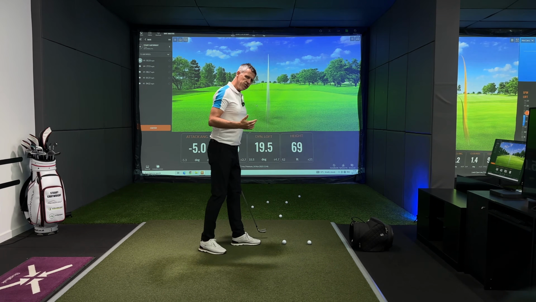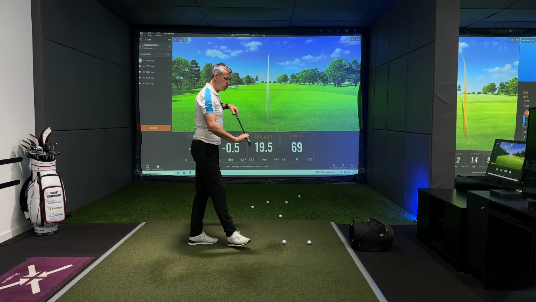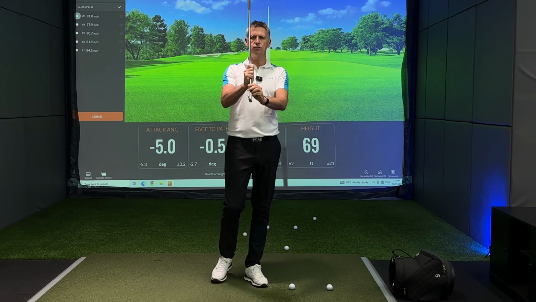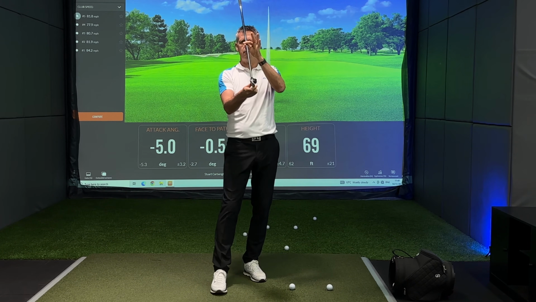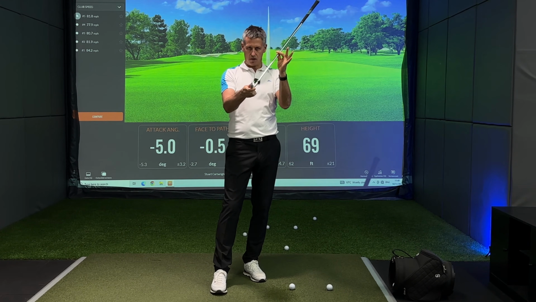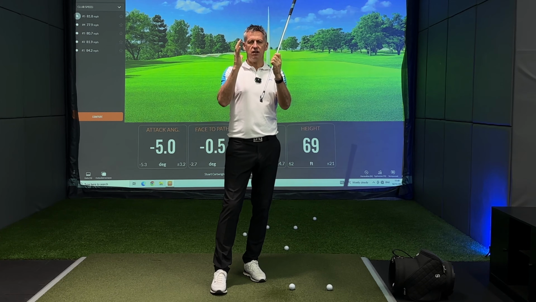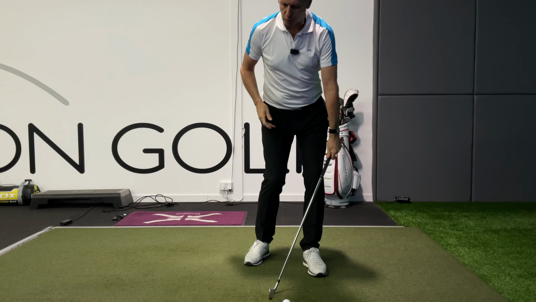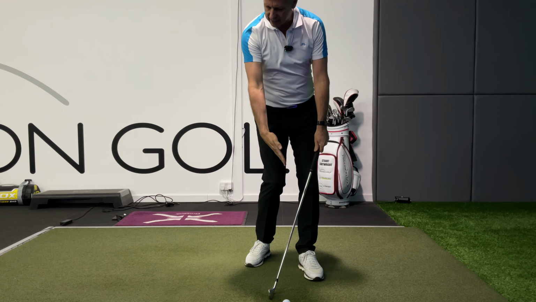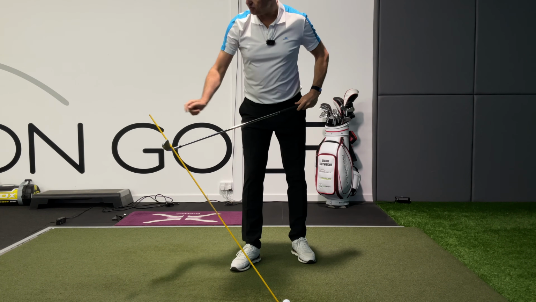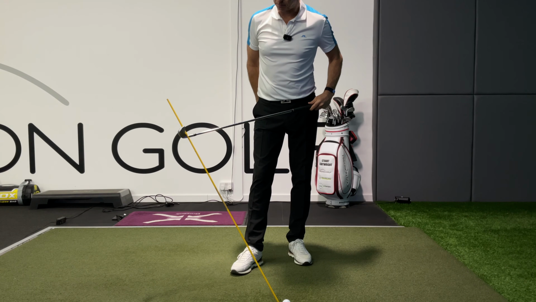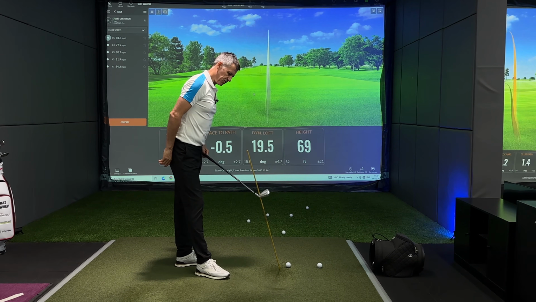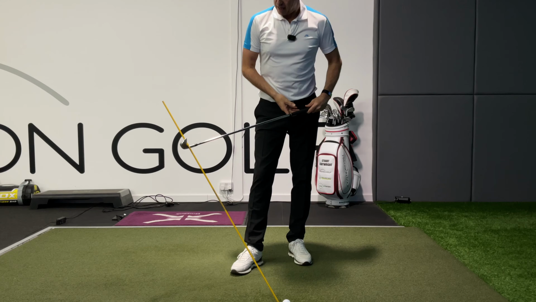What you need to consider is that ultimately we are trying to deliver this golf club back with less loft. Where we've applied ourselves in the past is striking more down on the golf ball, a more descending angle of attack, an angle of attack that looks more like this, where the club is descending more acutely.